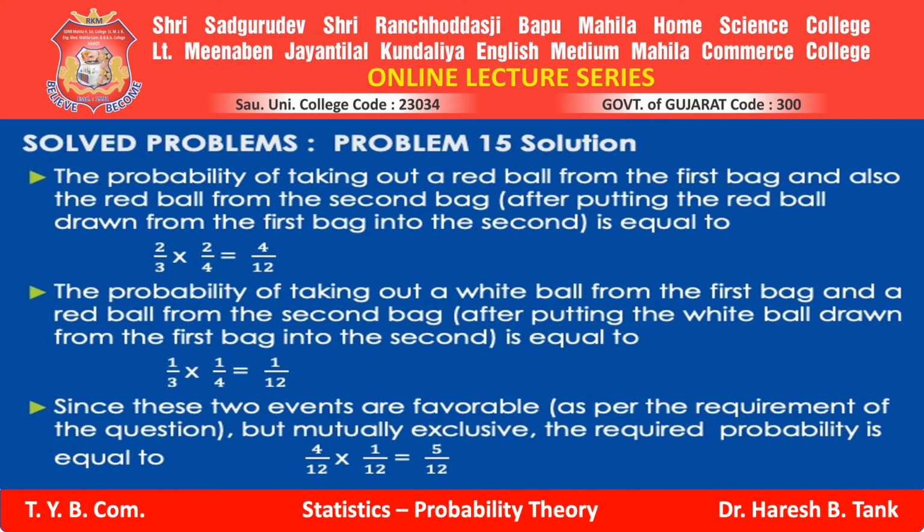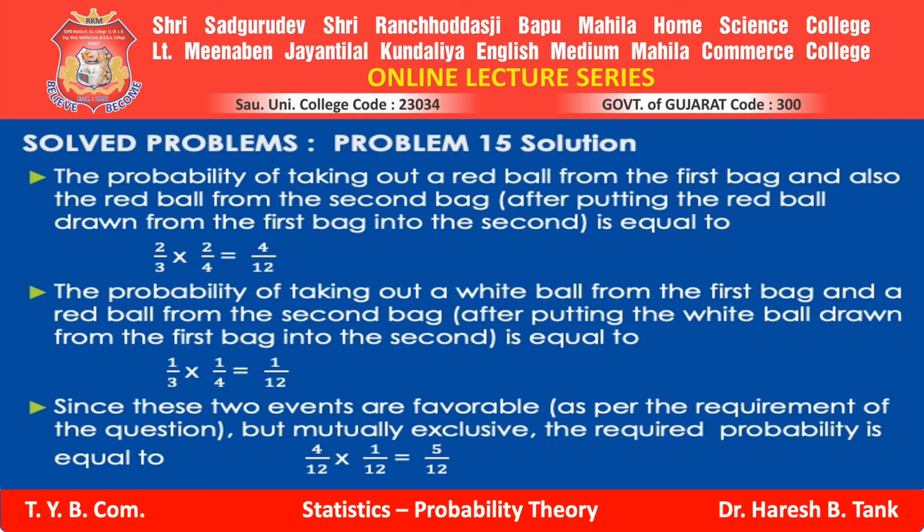The other option is the probability of taking out a white ball from the first bag and then a red ball from the second bag, after putting the white ball drawn from the first bag into the second, which is equal to 1 upon 3 multiplied by 1 upon 4, which comes to 1 by 12.